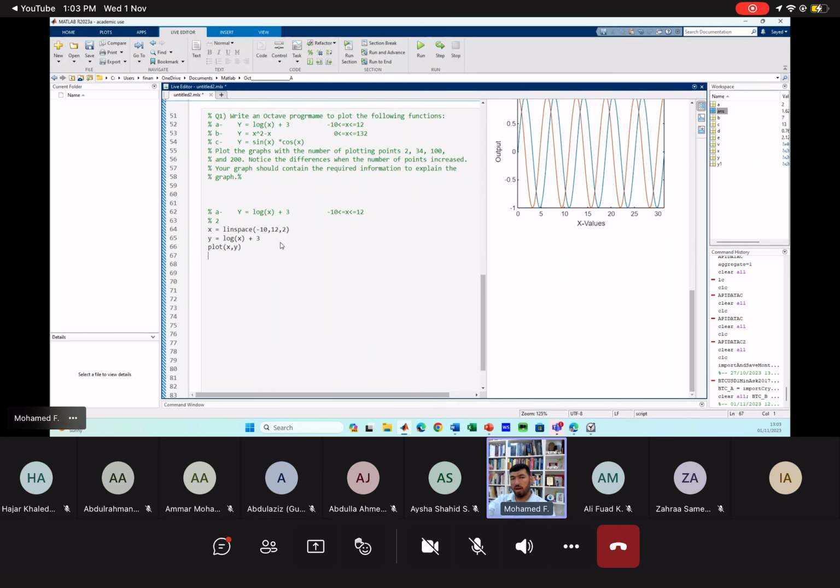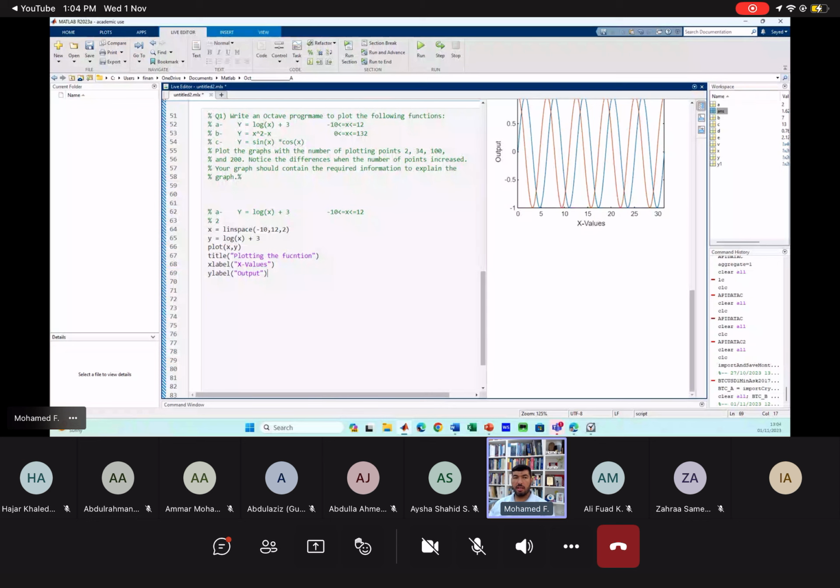He wants us to put a title and everything. So we'll make a title. We'll put, plotting the function. And he wants us also to put an x label. So we'll say, as we have done earlier, x values. And we'll put also the y label and we'll make it as what? Output.